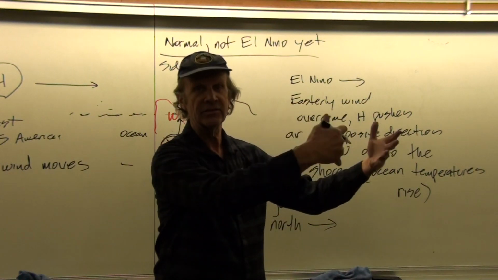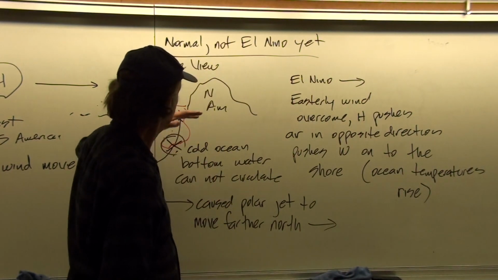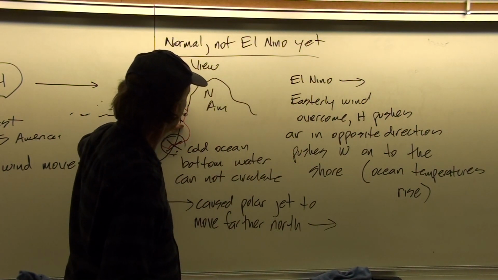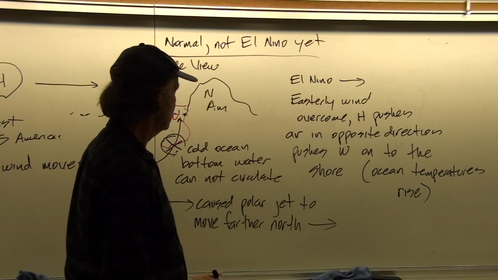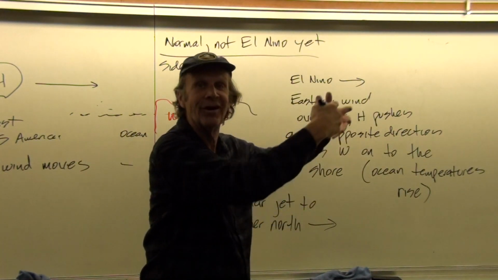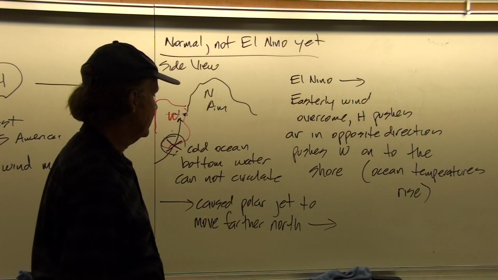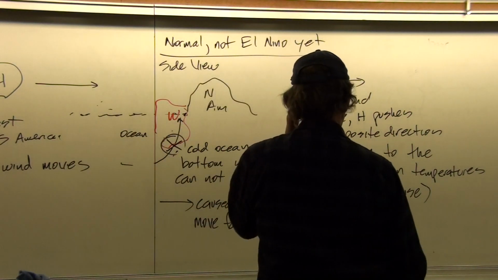And so with the jet stream having moved farther north because of this chain reaction of warmer water here causing the polar jet to retreat farther north because it's warmer all the way up at this point, that then reduced rainfall.